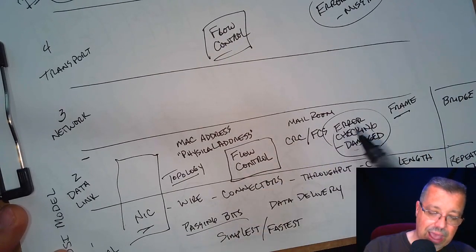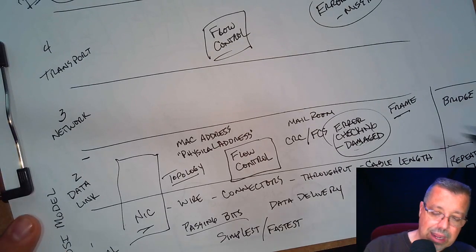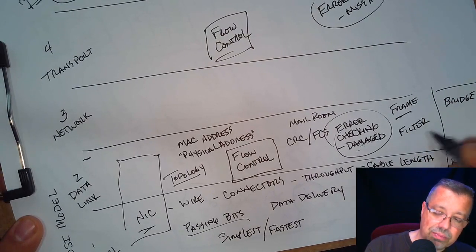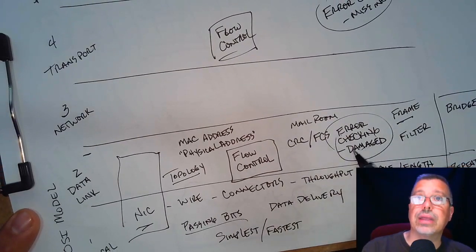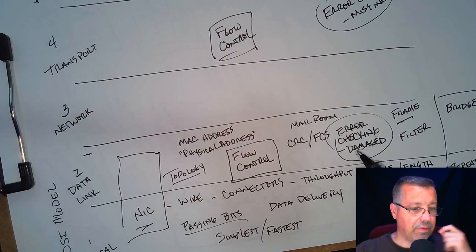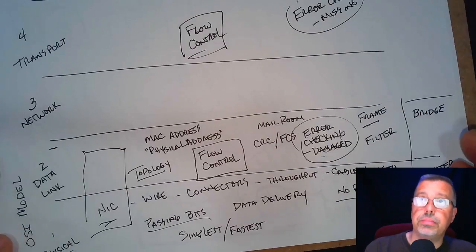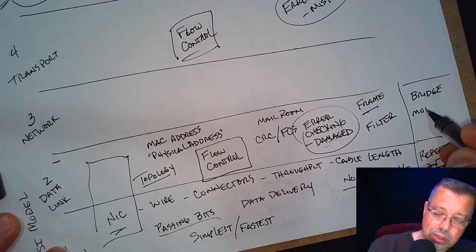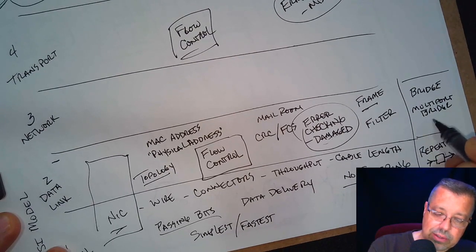Because it has access to the CRC and the frame check sequence, it can do some simple filtering based on MAC, or if the packet is damaged, it can drop it. So it is slower because it has that extra functionality. If we had a multi-port bridge, that is a switch.